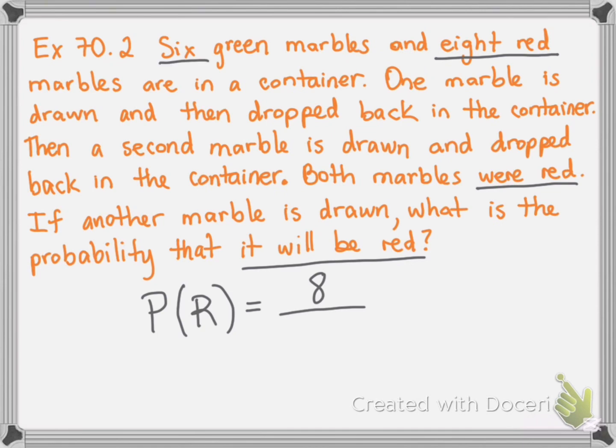And then for the total, we have to add 6 plus 8 because there's 6 green and 8 red, and that is 14. Now remember always to reduce or simplify, and if we divide both the top and the bottom by 2, we get 4/7. And that's it. That's our answer. Very, very simple. So red over total.